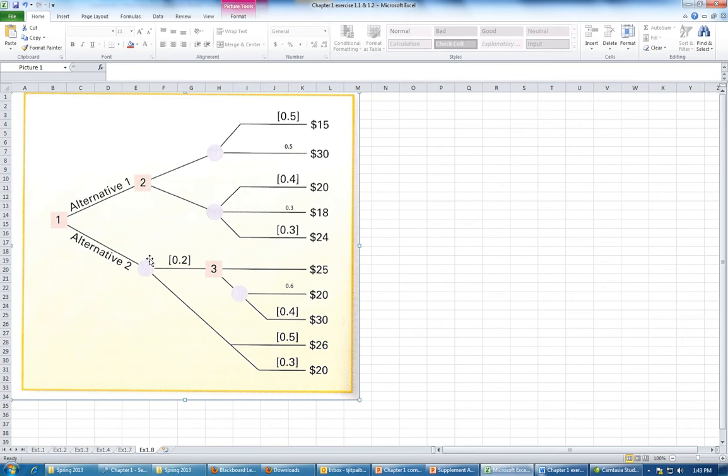And this is the last event, where 0.2, 0.5, 0.3 become 1.